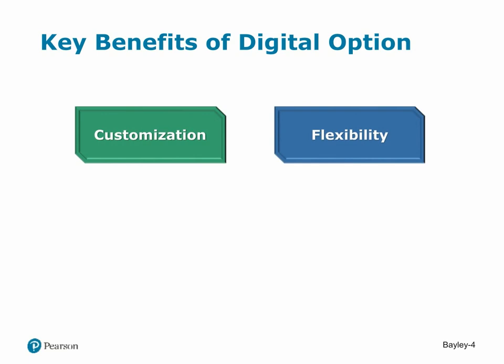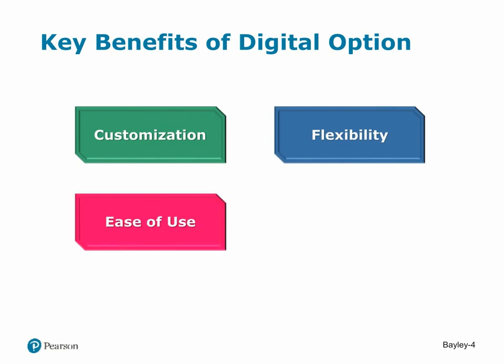Another benefit is ease of use. The system will include messaging to guide establishing the basal and meeting the discontinue rule. Also, the digital option will offer visual representation of administration directions and examples for complex items.